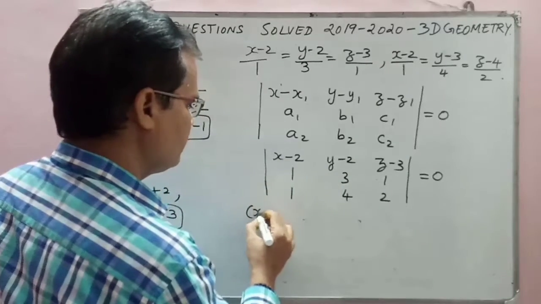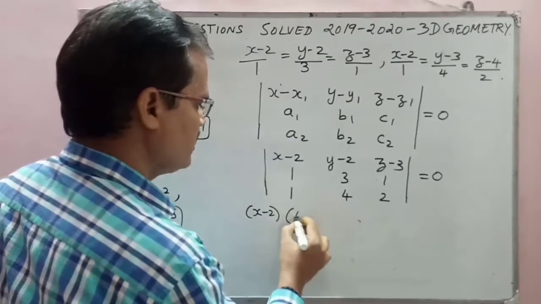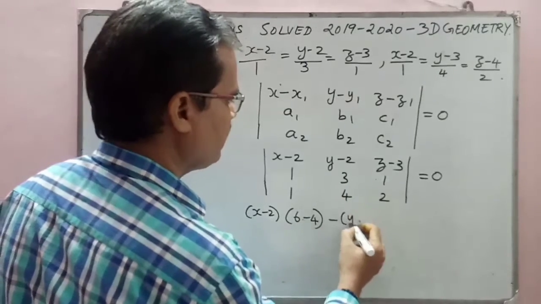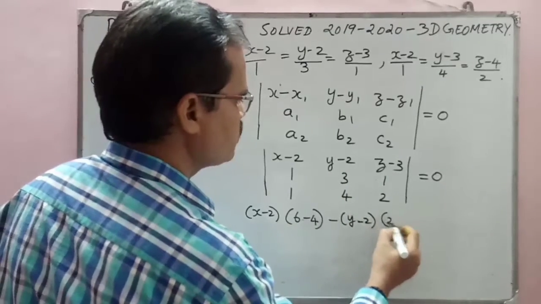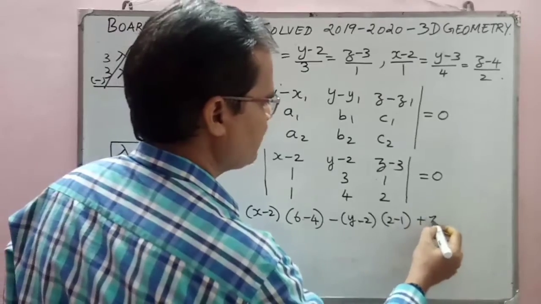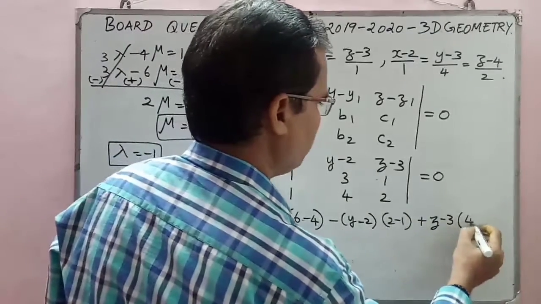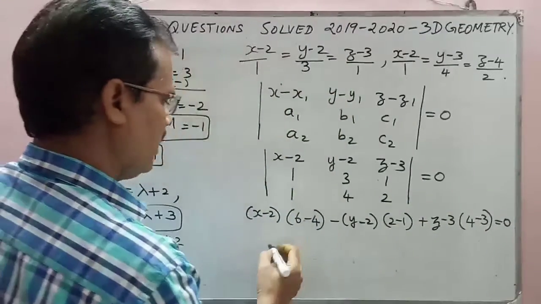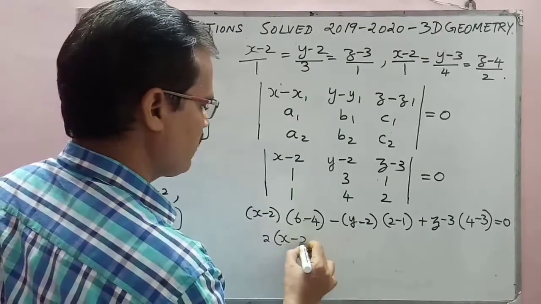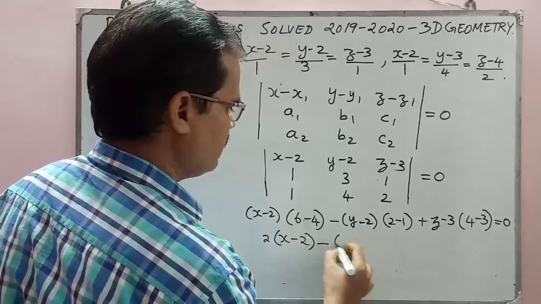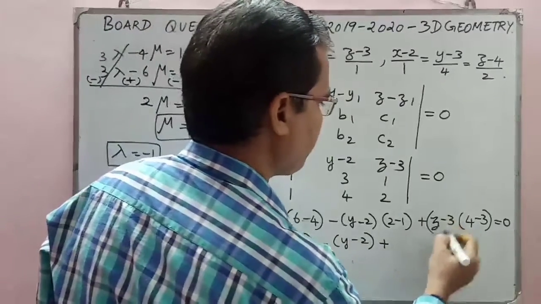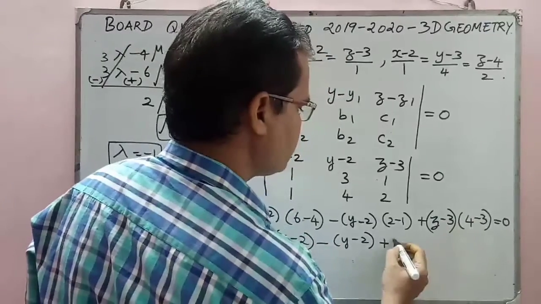Find the determinant. x minus 2 into 6 minus 4, minus of y minus 2 into 2 minus 1, plus z minus 3 into 4 minus 3 equals 0. Now 2 times x minus 2 minus y minus 2 plus 1 times z minus 3.